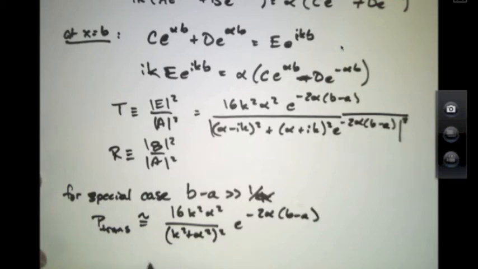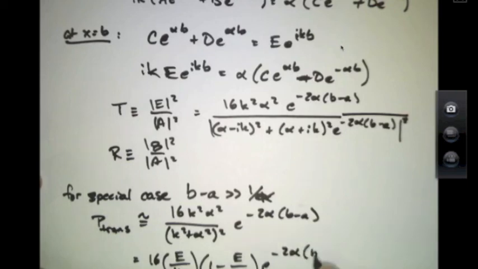Or plugging in for what k and alpha are, this works out to be 16 e over u naught, 1 minus e over u naught, e to the minus 2 alpha (b minus a).